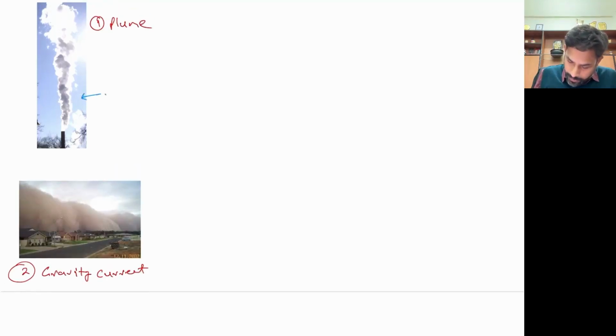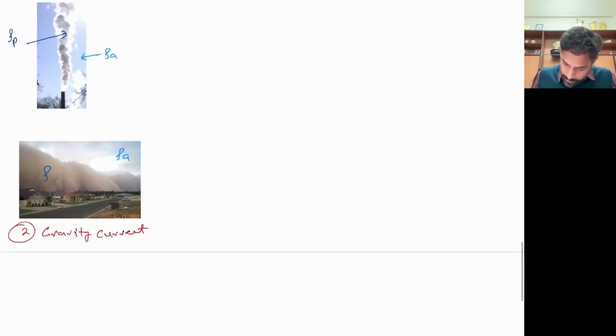And what's happening here is in both the cases, let's assume here it's ambient density and outside here is ambient density, and this is the density of plume. Let's call it rho p, and this one you can call rho g, which is density of the gravity current.